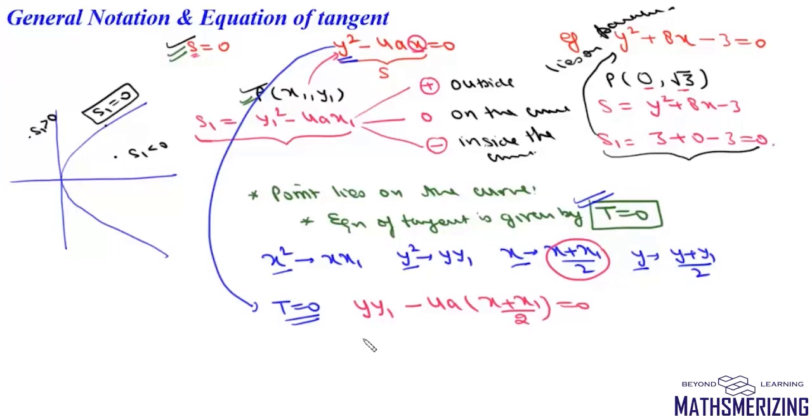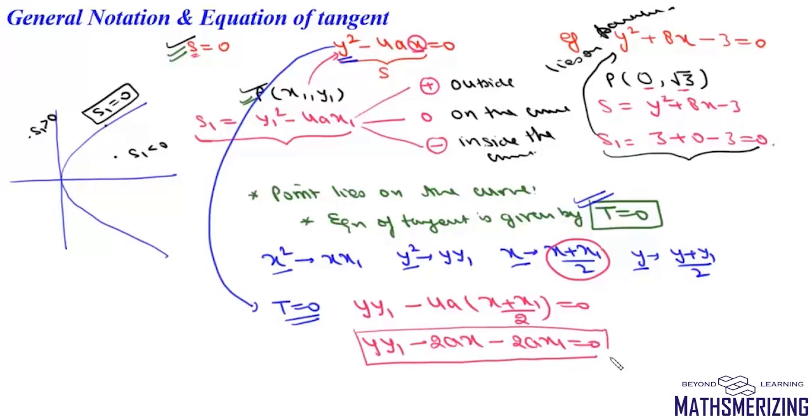So T equals to 0 represents this line, y y1 minus 2ax minus 2a x1 equals to 0. So from the given curve or from the given equation S equals to 0 and a given point x1, y1, we can always write this equation which is T equals 0.